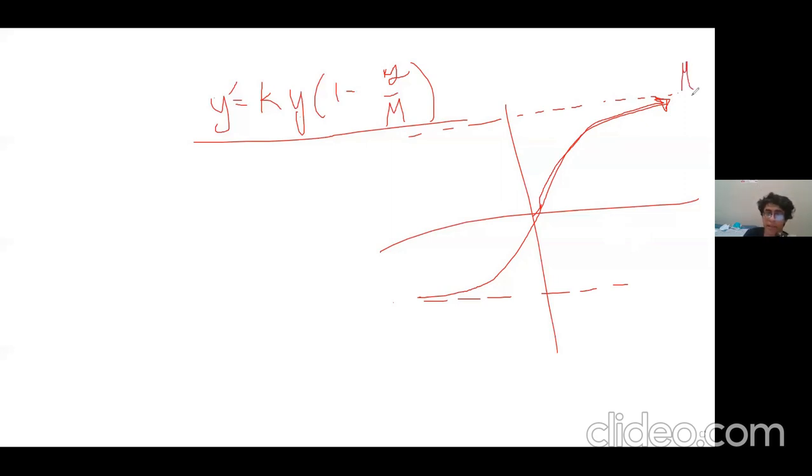The carrying capacity M is like this limit, like this horizontal asymptote of infected people that you get closer and closer to. And every time it gets even harder and harder to get every single person in the population infected, right? But it does get closer and closer.